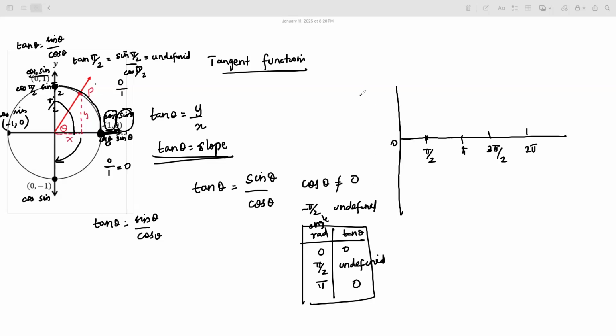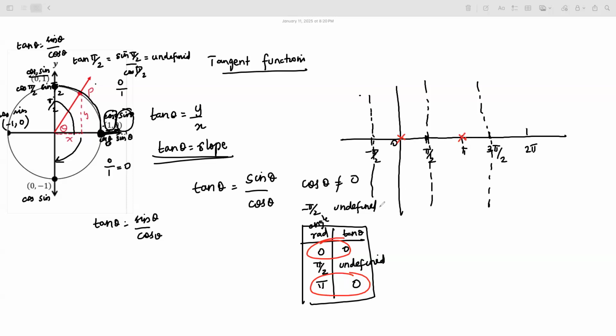Now, let's graph it. Minus pi by 2, it was undefined. So there is a vertical asymptote at minus pi by 2. At pi by 2, we have a vertical asymptote again. So for every pi by 2, we have a vertical asymptote, meaning it goes to the value undefined. For 0, it is 0. At pi, it's 0.